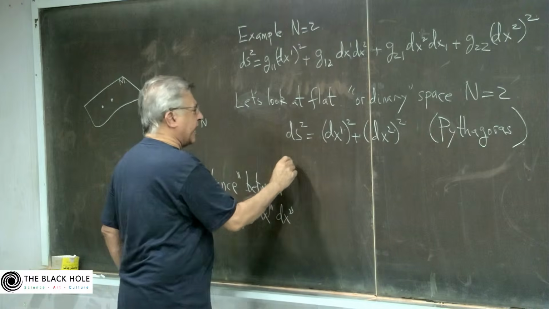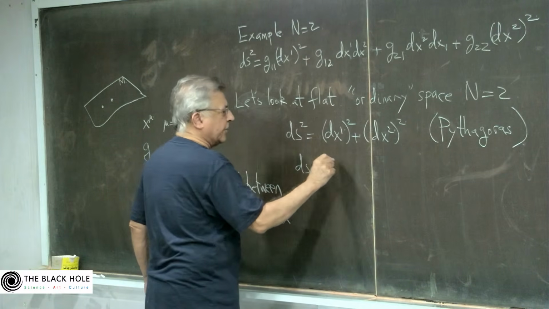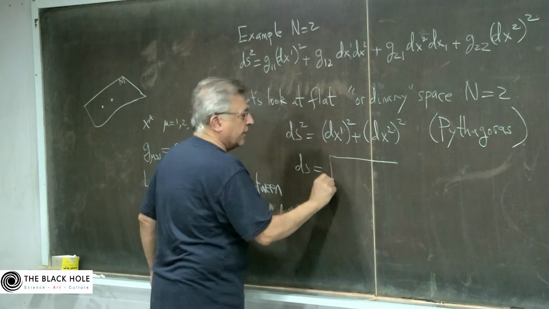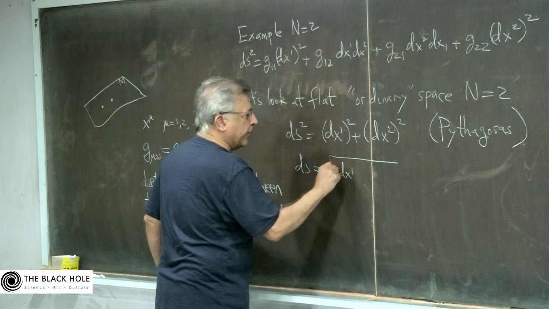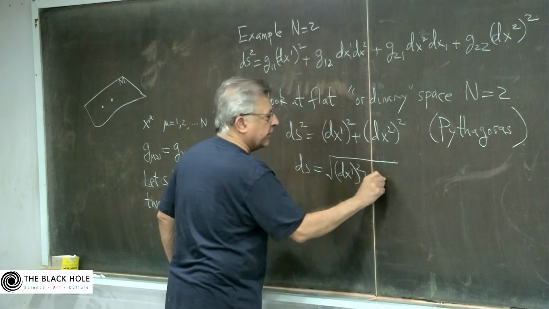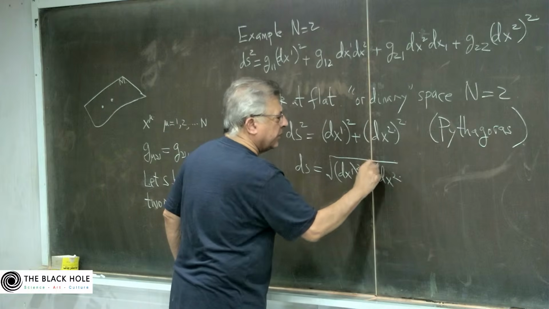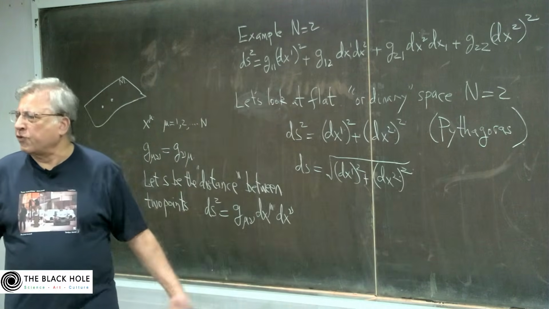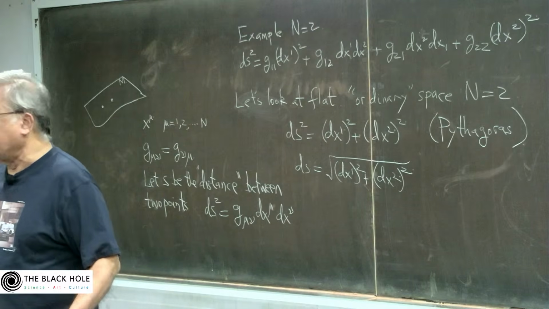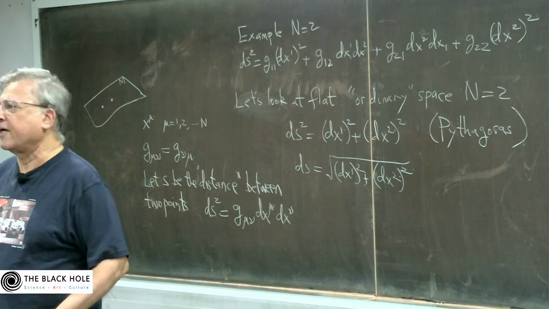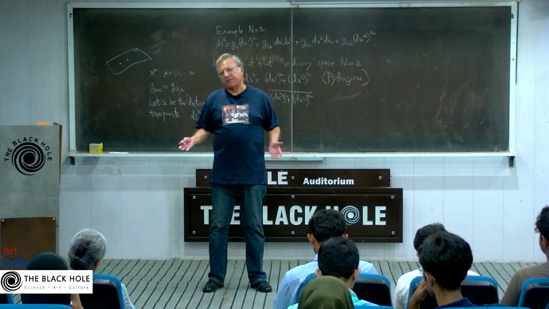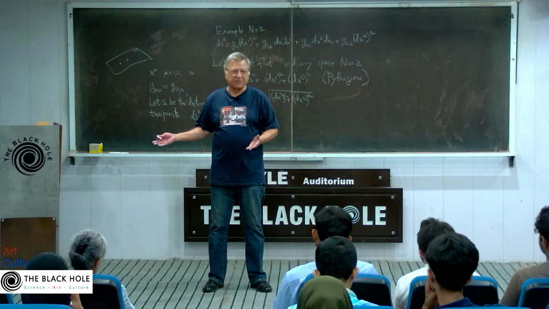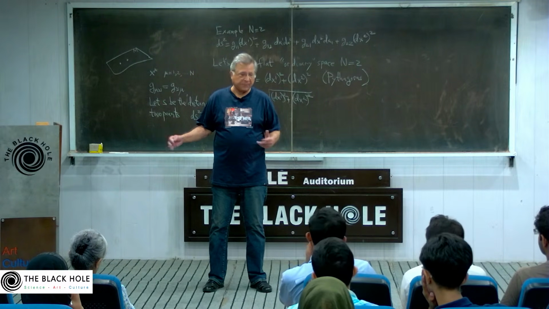So then ds is equal to the square root, the separation between the 2 points. In 3 dimensions, you will add on dx3 squared. In n dimensions, you'll go on, and so there's absolutely no problem.